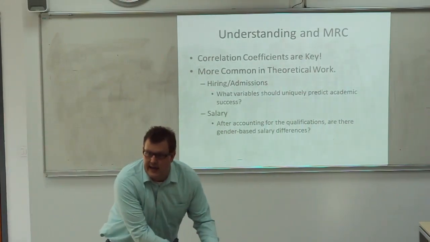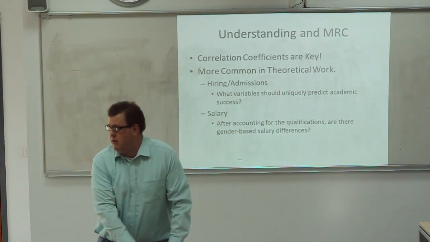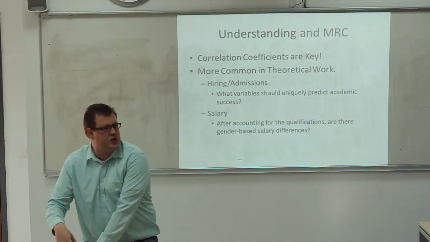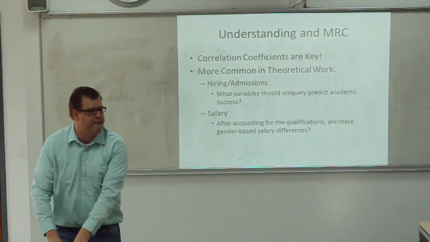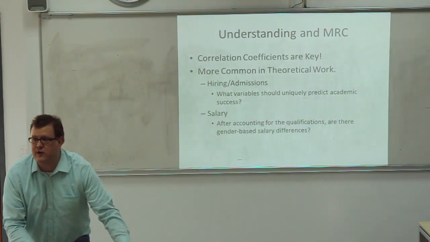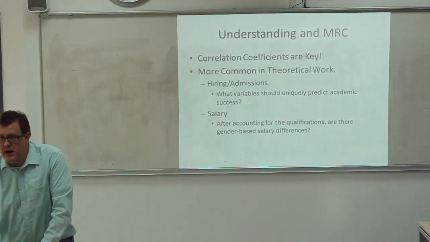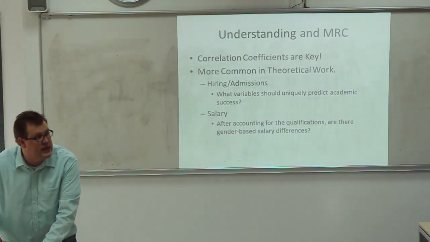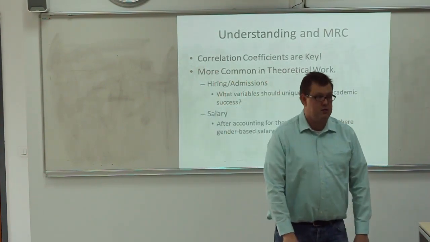Like, let's predict salary as a function of time in the job, educational level, type of job. Is it administrative, managerial, executive, all that stuff. And now, after accounting for all of these things that should make a difference in salary, let's include sex. If we're not biased in the way that we're paying our employees, sex should not uniquely account for any more variance. If it does, the company has a problem.